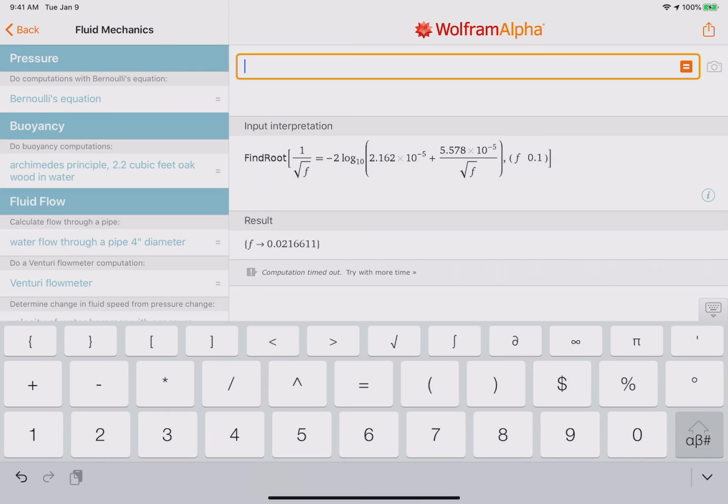Okay, and so we want to solve those 2 equations in 2 variables. So again, we use the find root command, and now we have 2 equations. And so we put the list of equations in curly brackets, and then we simply type what the equations were. So it's 1 divided by the square root of the friction factor equals minus 2 times log base 10 acting on 7.027 e to the minus 5 divided by the diameter, which I'll just call small d here.